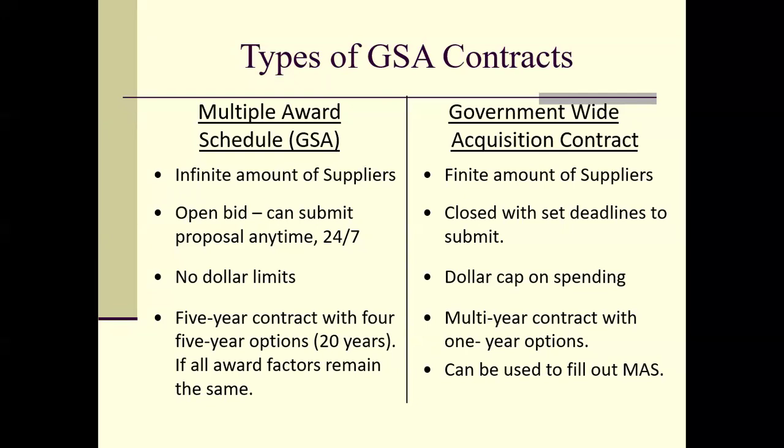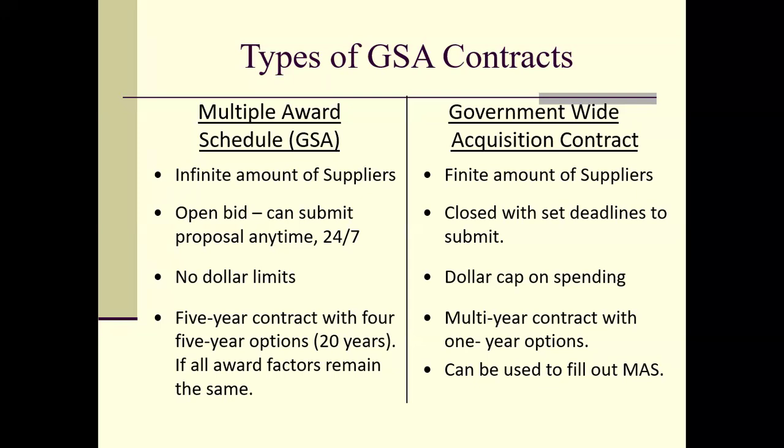So that's a value add for having both a government-wide acquisition contract as well as a multiple award schedule MAS contract, in that they can work interchangeably and support you to basically increase your capabilities.